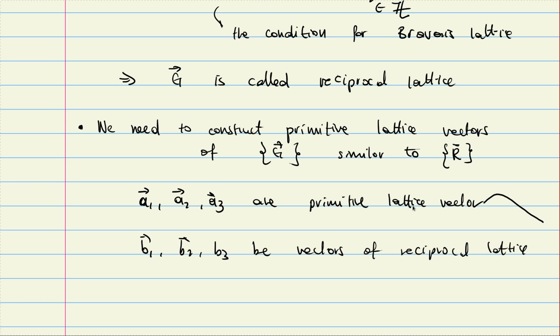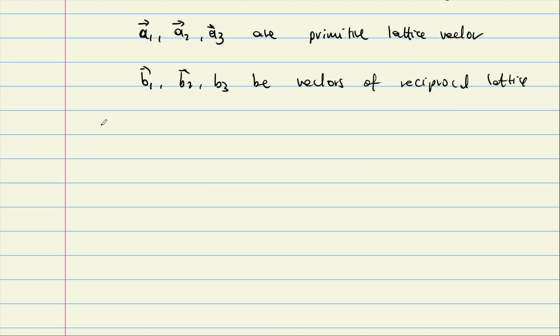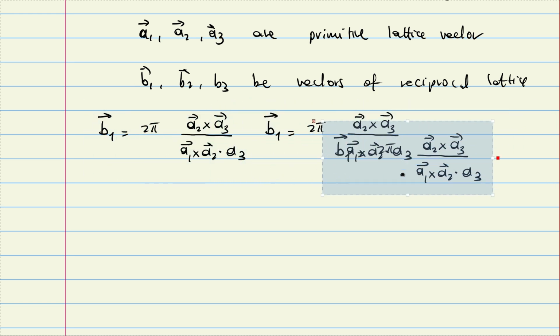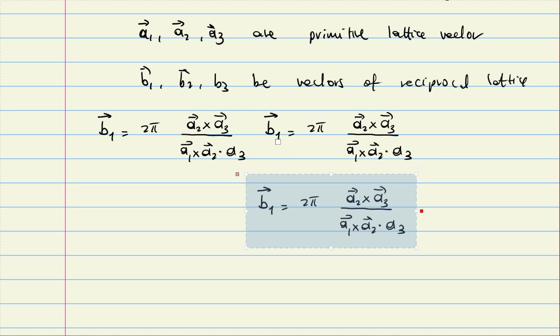Then the procedure is B1 is equal to 2 pi times A2 cross A3 divided by A1 dot A2 cross A3, and similarly for B2 and B3.